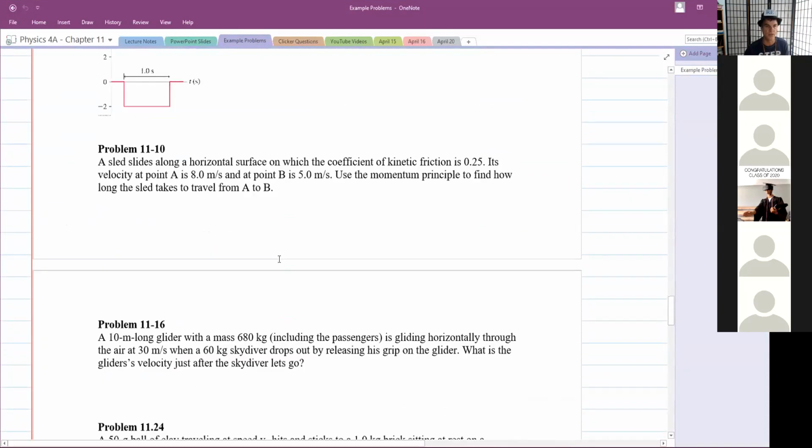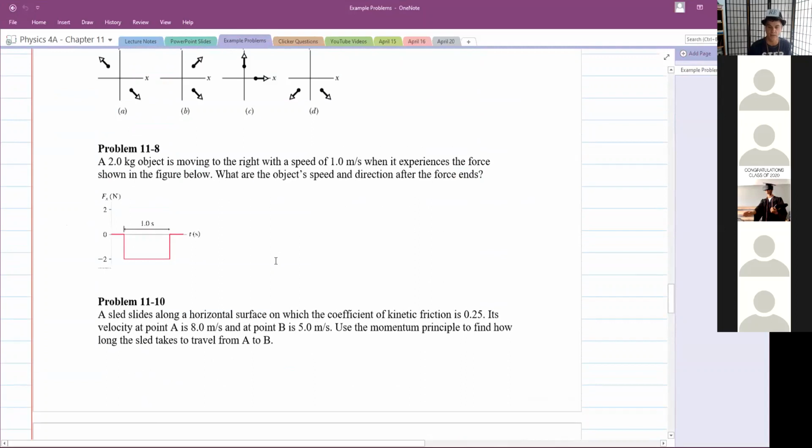Okay, this is example problem 11.8. It says a 2-kilogram object is moving to the right with a speed of 1 meter per second when it experiences the force shown in the figure below. What are the object's speed and direction after the force ends? Here we have a plot of force in the x direction versus time.